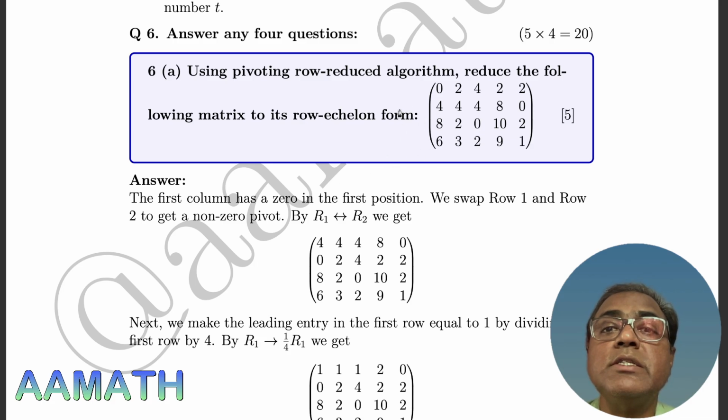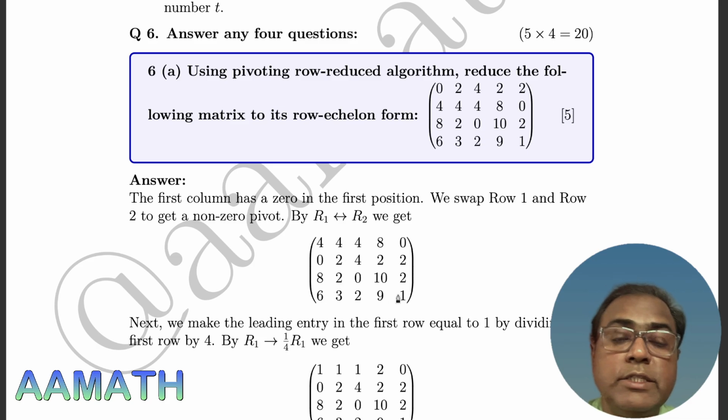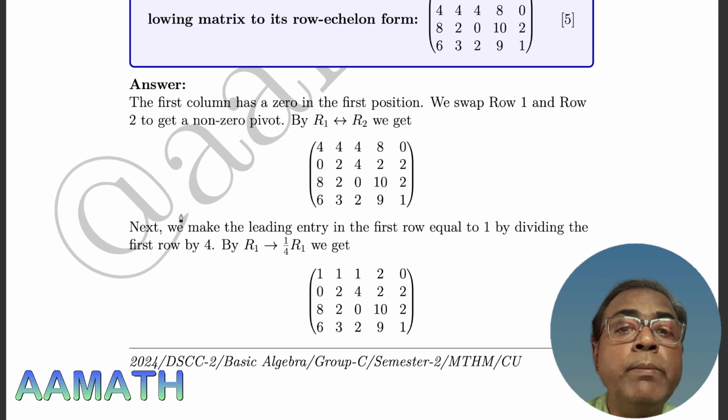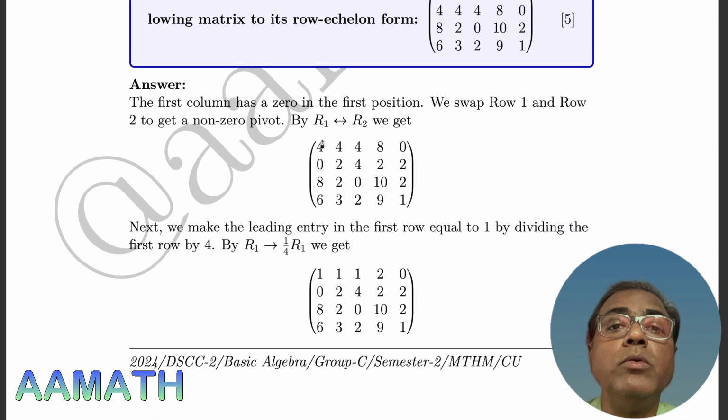So first we interchange the second row and the first row, giving 4 4 8 0 and 0 2 4 2 2, and the third row and fourth row are unchanged.